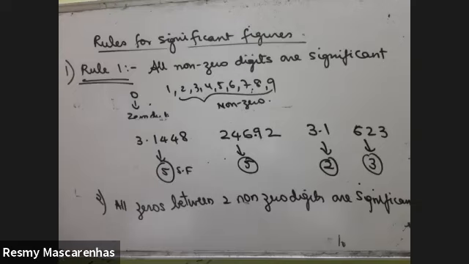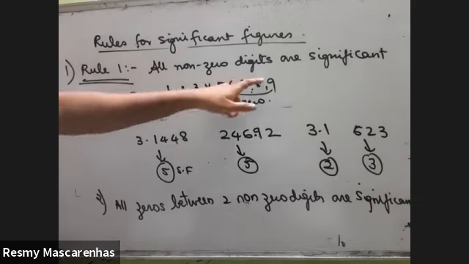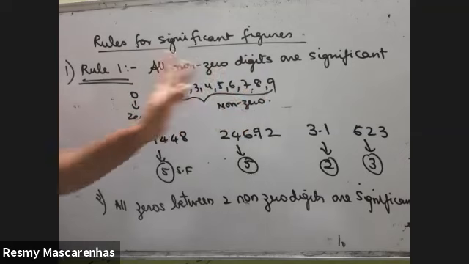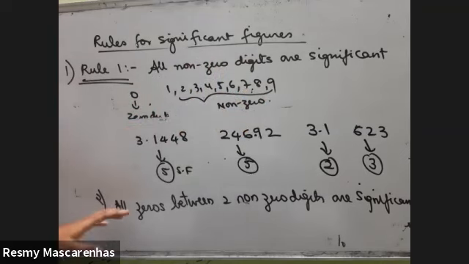The zero should be surrounded by a non-zero number on both the left-hand side and the right-hand side. If it is left out alone somewhere, then there are more rules to check. In total there will be 5 rules, but a zero can be considered significant if it is between two non-zero digits.